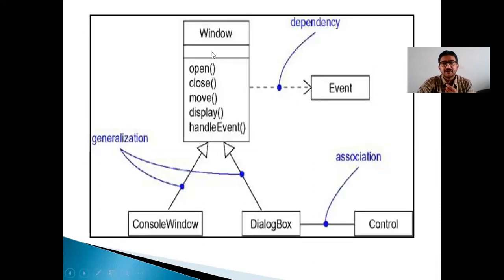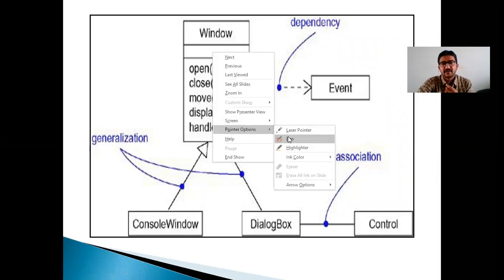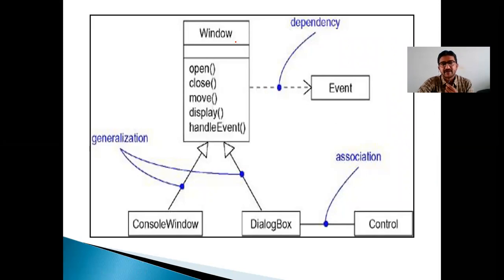When we use dependency, as in the example we discussed, the window class is depending on the event class. If anything happens, any change will be reflected in the window, which depends on the event.